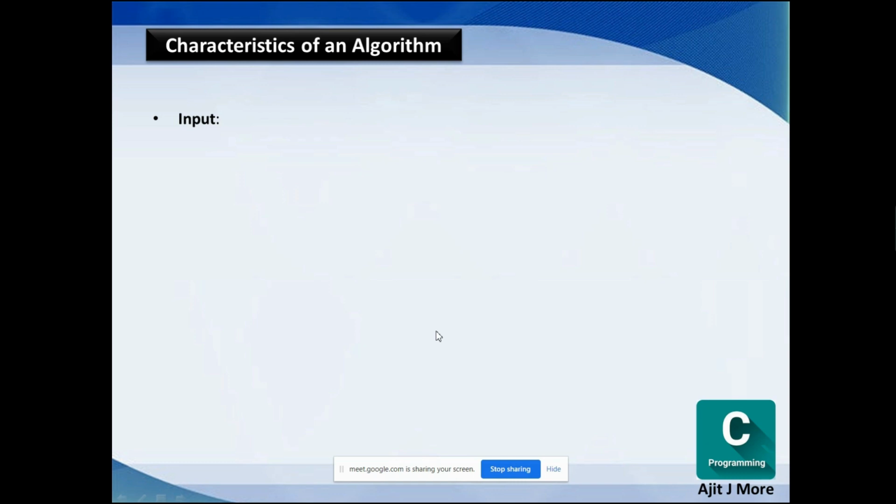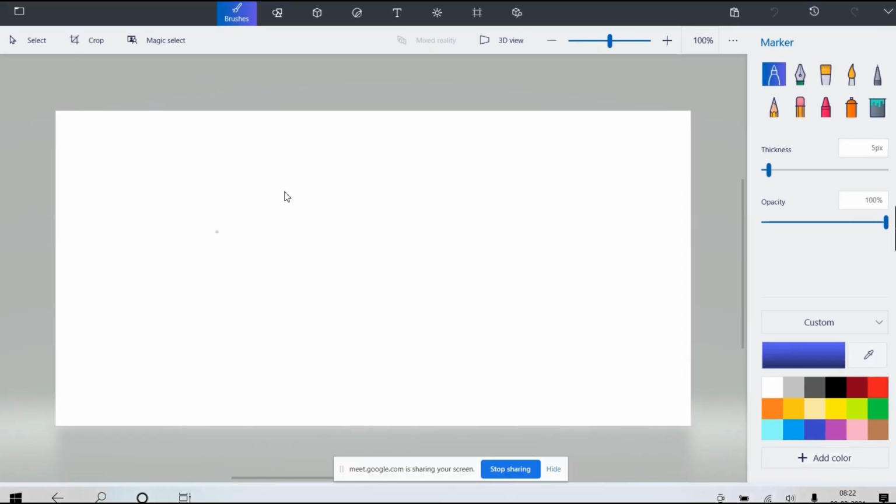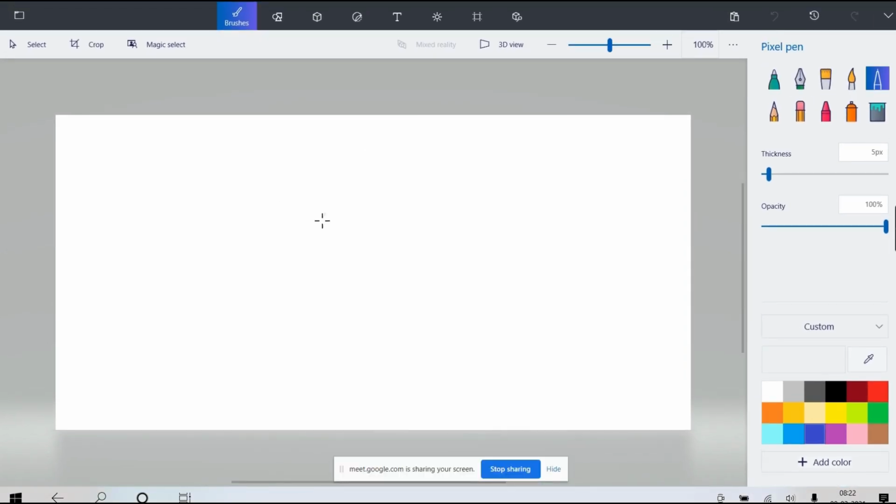There can be algorithms which are not directly taking input externally. Indirectly, internally they might be taking it. Internally means the output of one algorithm might be going as an input to some other algorithm.